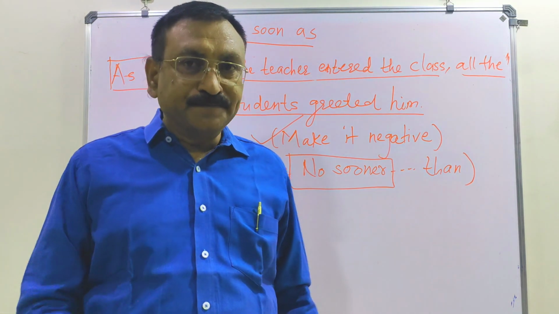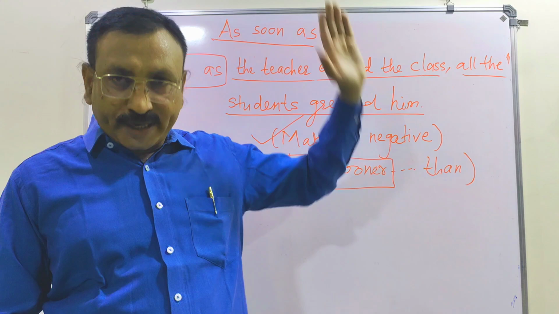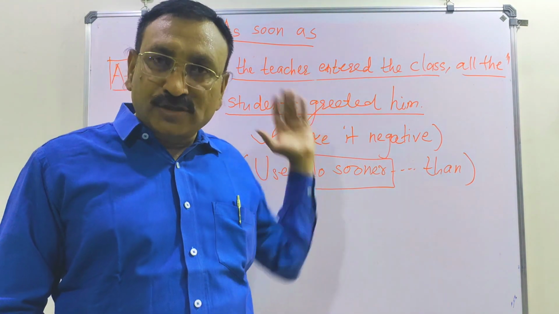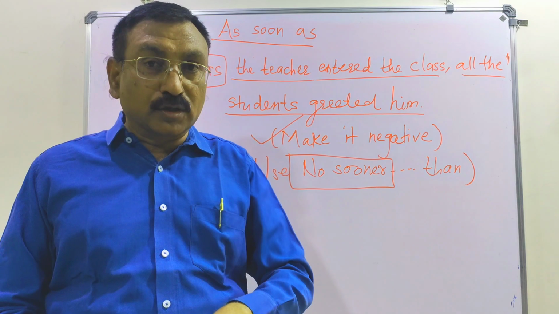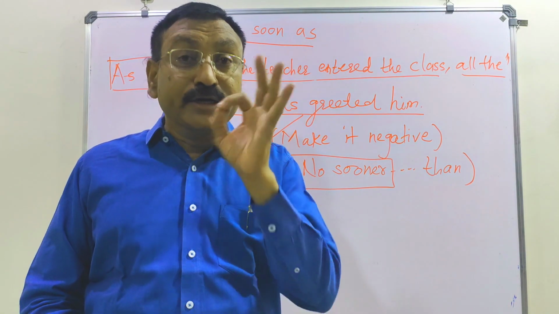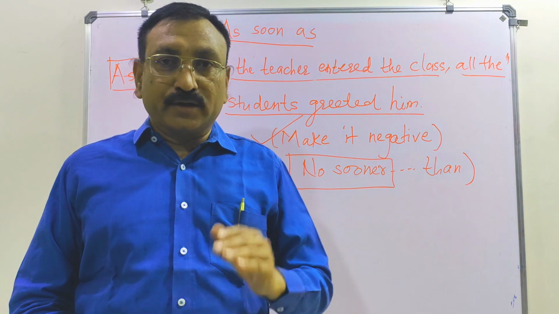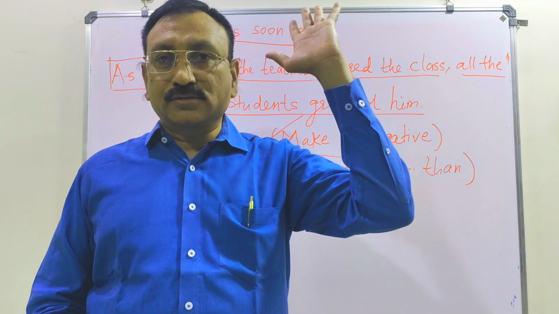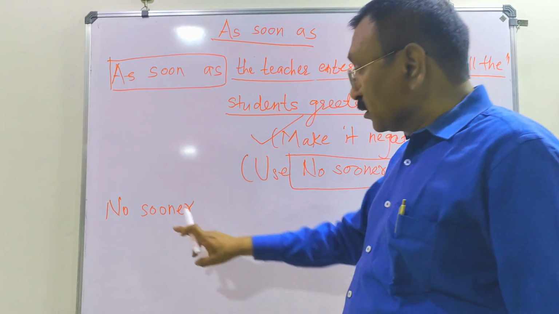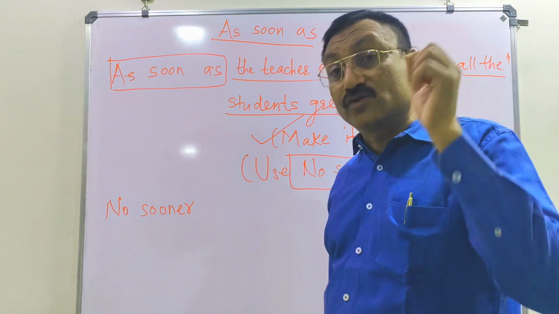So keep in your mind, we must not make even a little change in the second clause. It is continued as it is. But as I told you, the conjunction no sooner is always followed by an auxiliary verb.